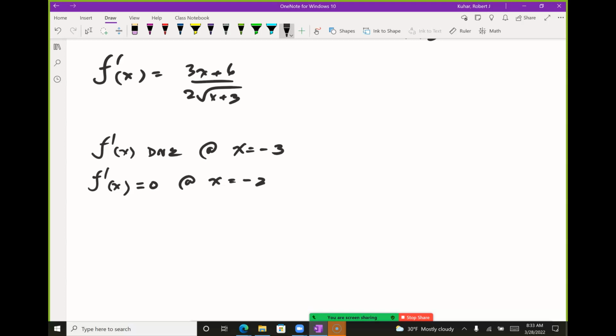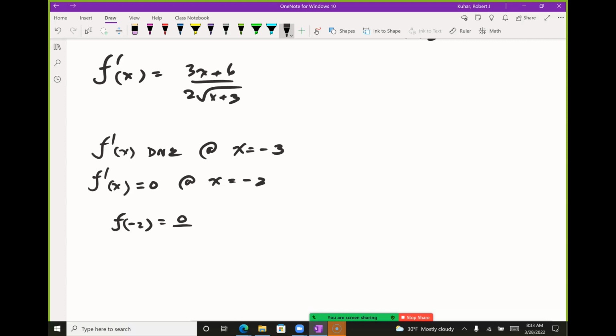I notice that I can plug -2 into the function, right? So notice that f of -2 is what? No, this is my derivative.